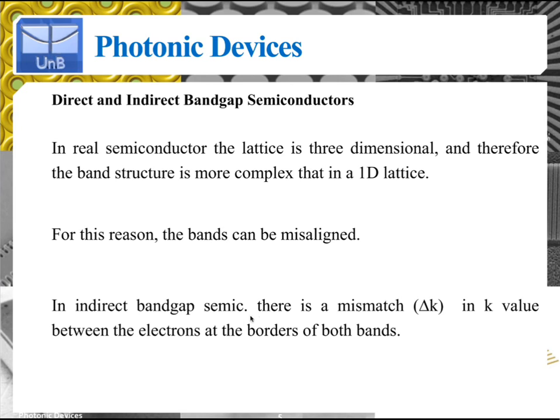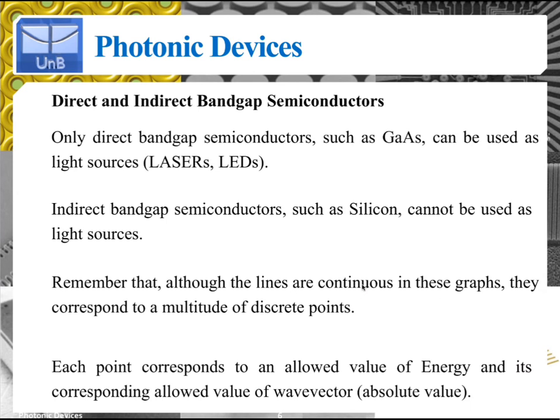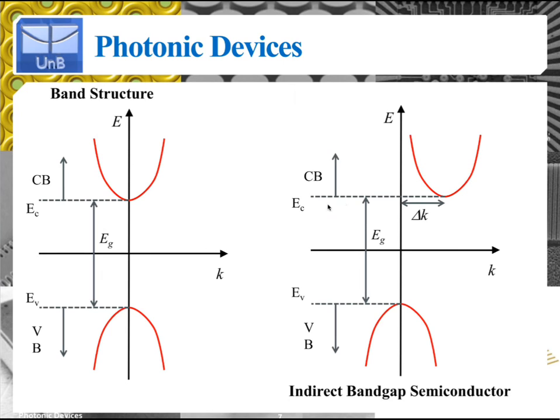In indirect bandgap semiconductors, there's therefore a mismatch delta K in the wave vector value between the electrons at the border of both bands. So let's look at this nicer illustration here. Here you have a direct bandgap semiconductor, so delta K is equal to 0. The border of the conduction band aligns perfectly, in the K direction, with respect to the border of the valence band.